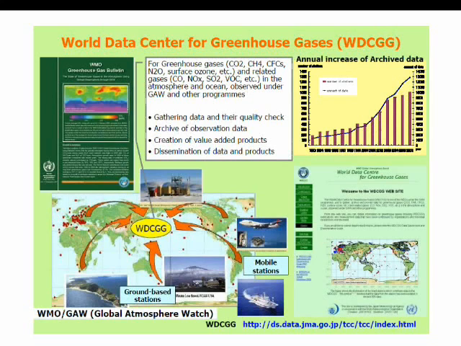And also, JMA promotes World Data Center for Greenhouse Gases. Their task is gathering data and quality check, archiving data, creation of value-added products, and dissemination of data and products.